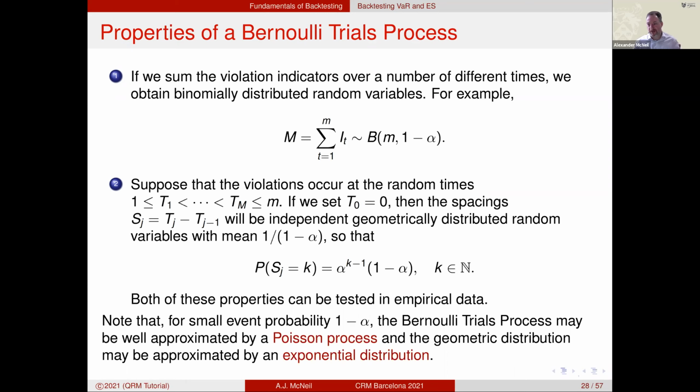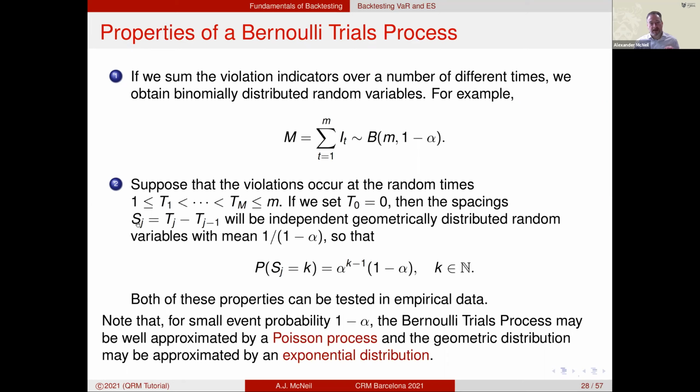So if you're tossing a coin, the distribution of the time you have to wait until the next head pops up, for example. Well, it's similar for the backtesting, except that it's a biased coin where there's a certain probability of an exception, say 1%, and the converse probability of no exception is 99%.